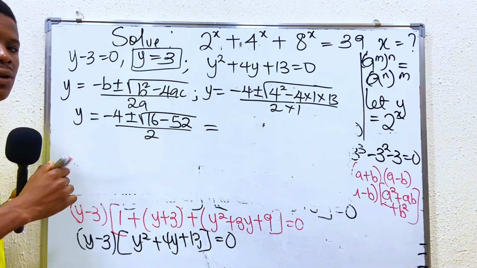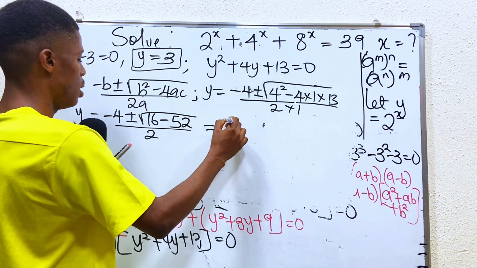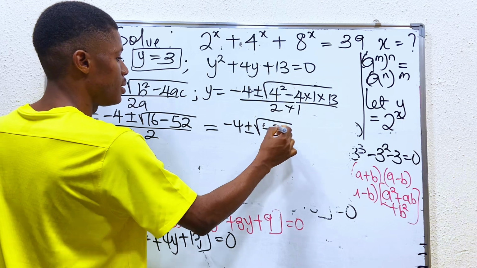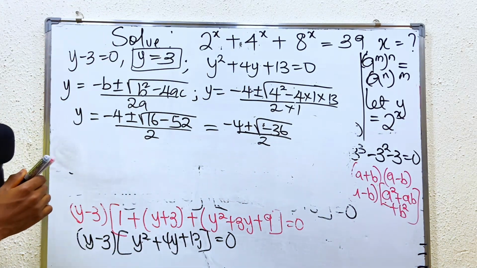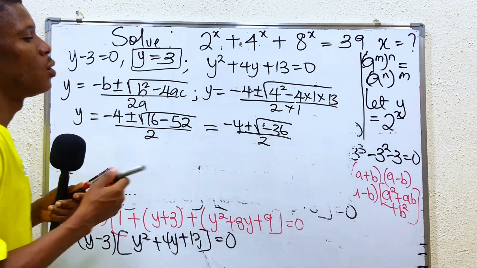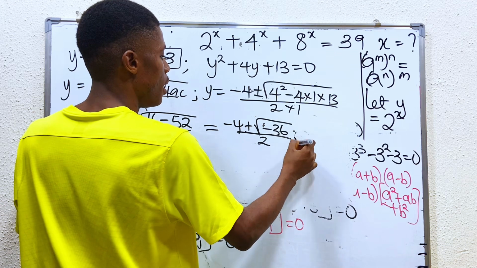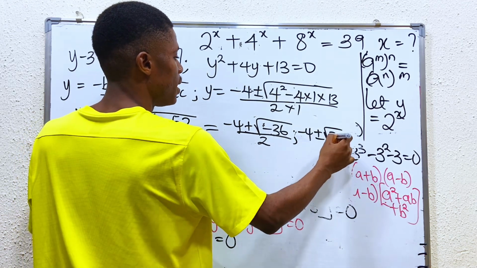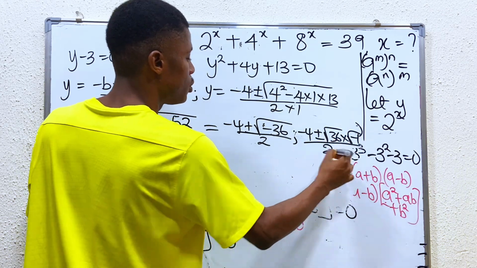This will also give us 16 minus 52, so we have minus 4 plus or minus the square root of minus 36, divided by 2. Okay? So at this point, we'll see that the number in the square root can be written as the square root of 36 times the square root of minus 1, divided by 2.